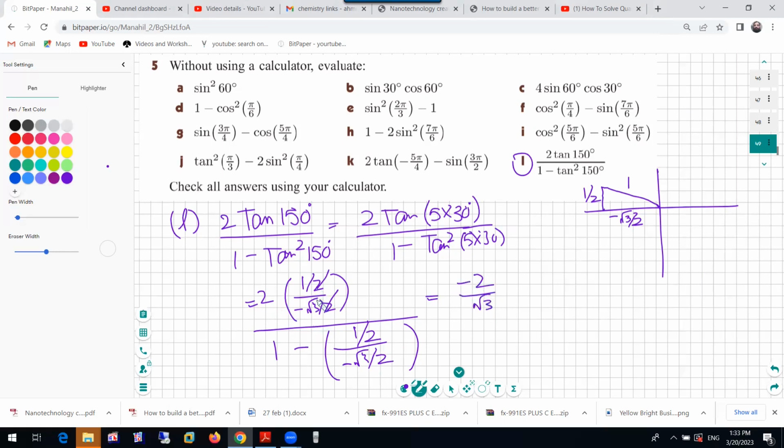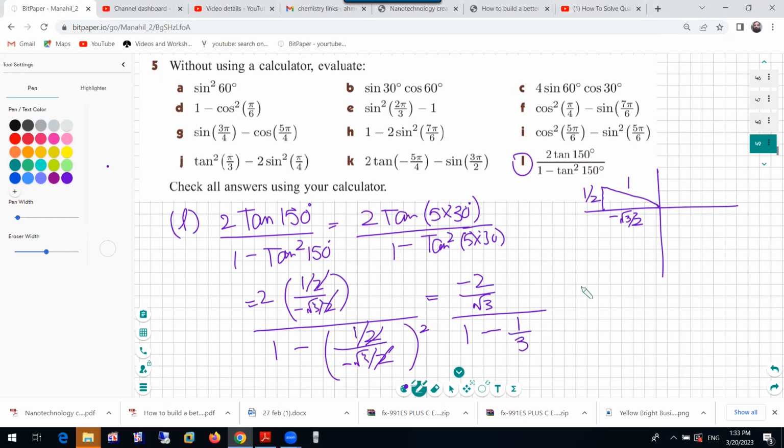When you multiply this, negative 1 over square root 3 by 2. What about this? 2 to cancel. And this is obviously a square as well. So what we are left with is 1 minus 1 over negative square root 3 squared, which will be 1 over 3. Negative will be positive by squaring it, right?